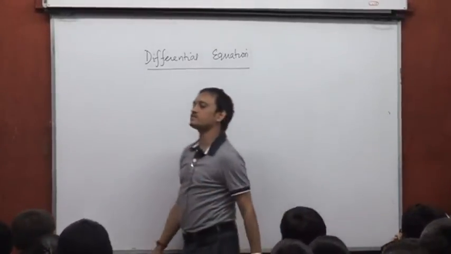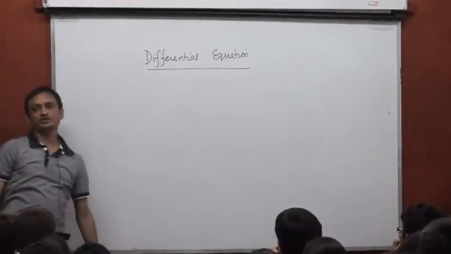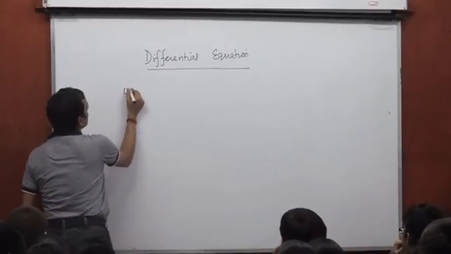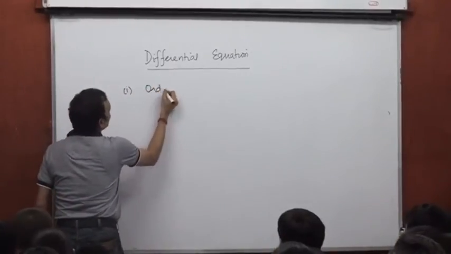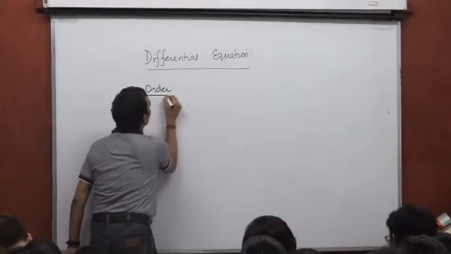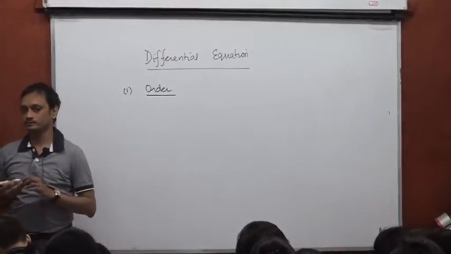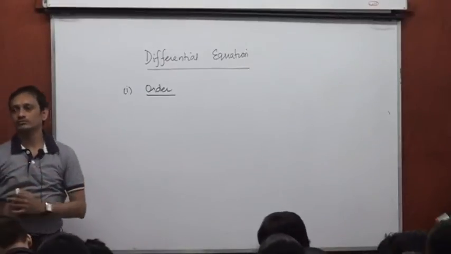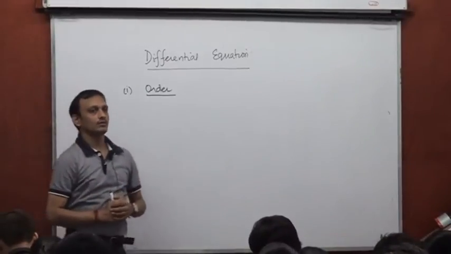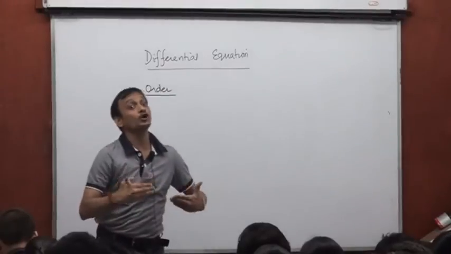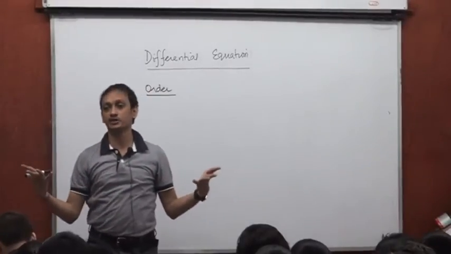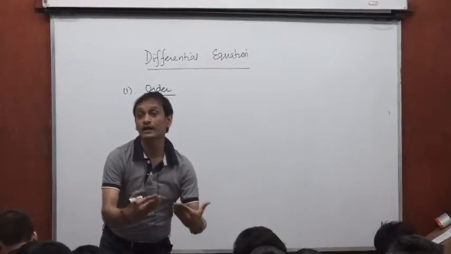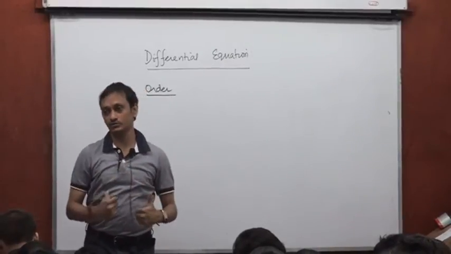Two things are relevant as far as ordinary differential equations go. Number one, there is what's called the order of the differential equation. The order of the differential equation is the highest order derivative appearing in that differential equation.